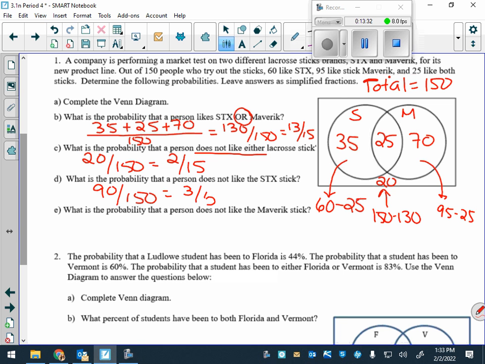Okay? Now, where it says does not like Sticks, you have to add the 70, which is only Maverick, and the outside. So 70 plus 20 gives you the 90. Okay?